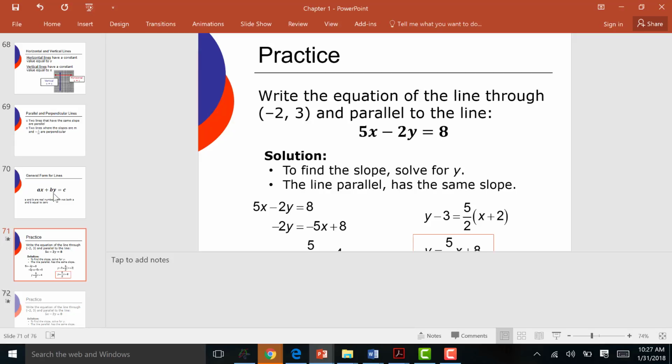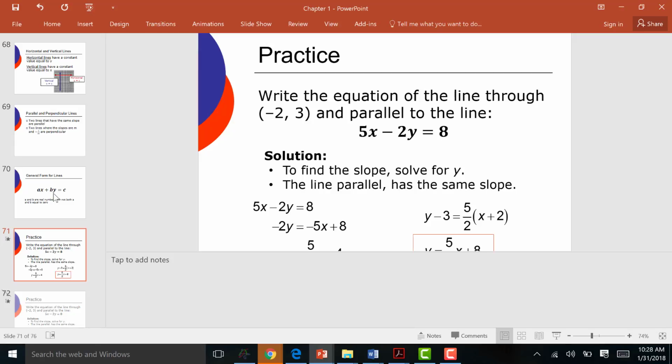So simplifying, I end up with y minus 3 equals 5 over 2 times the quantity x plus 2. Let me go ahead and add my extra step in. Distribute the 5 over 2 to everything inside the parentheses. So now you're going to have y minus 3 equals 5 over 2 x plus 5 over 2 times 2 over 1.